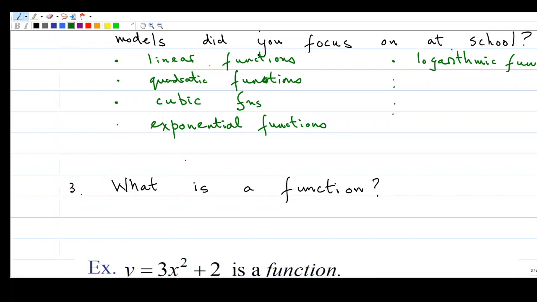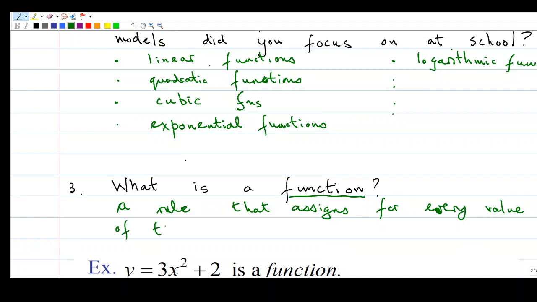Now, the question, what is a function? It's a rule that assigns for every value of the input variable, right?